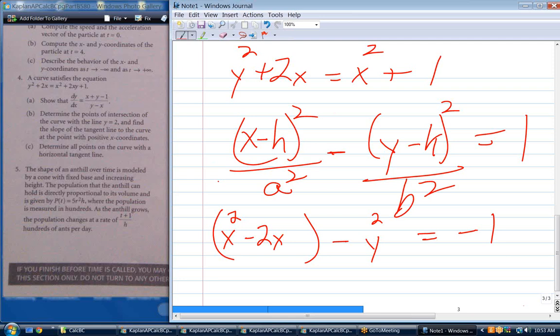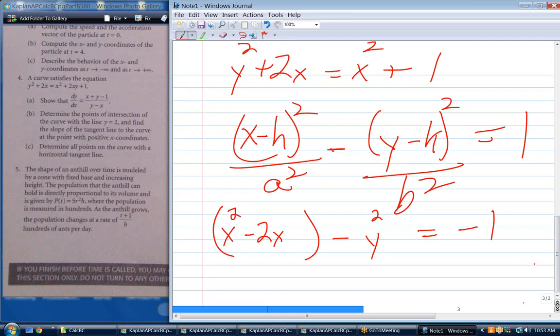My final version, in other words the general format, has a 1 over there, so I'm going to need to do something to turn that into a 1. Yeah, now I see a problem. And it might be because I made this up.